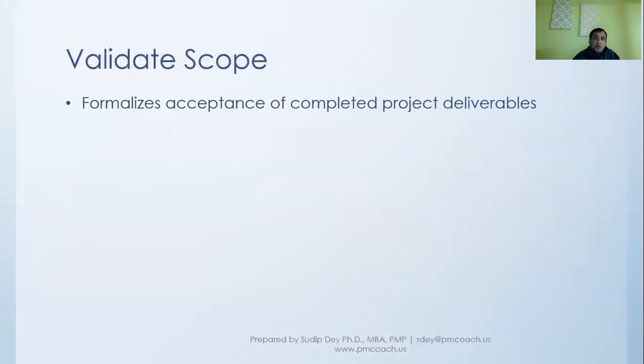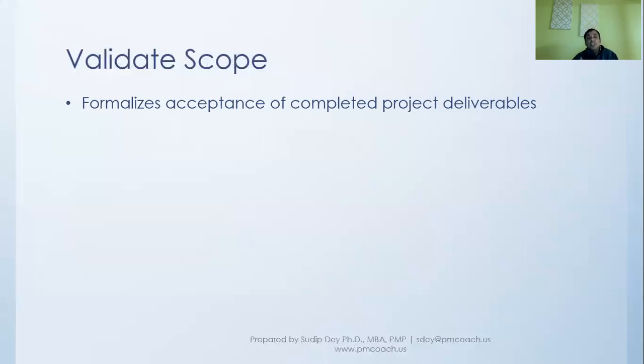Now, validate scope is about formalizing acceptance of completed project deliverables. That is the whole purpose of this process. We talked about when we started the project charter and defined scope, we identified the deliverables and we also identified the acceptance criteria.